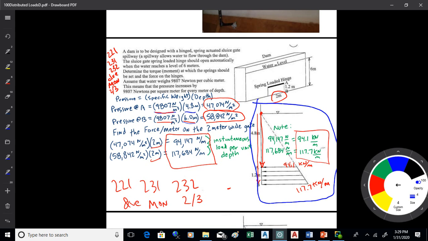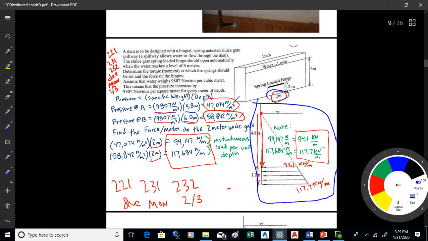On the bottom, we have 58,842 newtons per square meter. That's the force that would be exerted horizontally on a square meter of area. The deeper you go, the more pressure builds up because you're multiplying by the depth. So that's the force per square meter at the top and bottom of the gate. It's kind of like an instantaneous pressure, because it changes as you move further and further down.